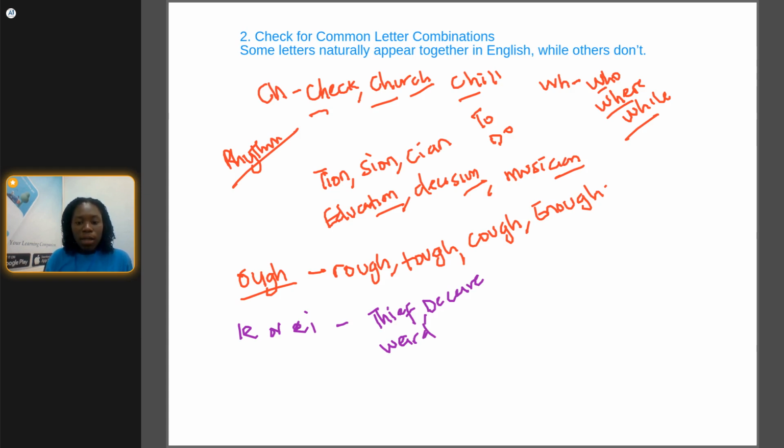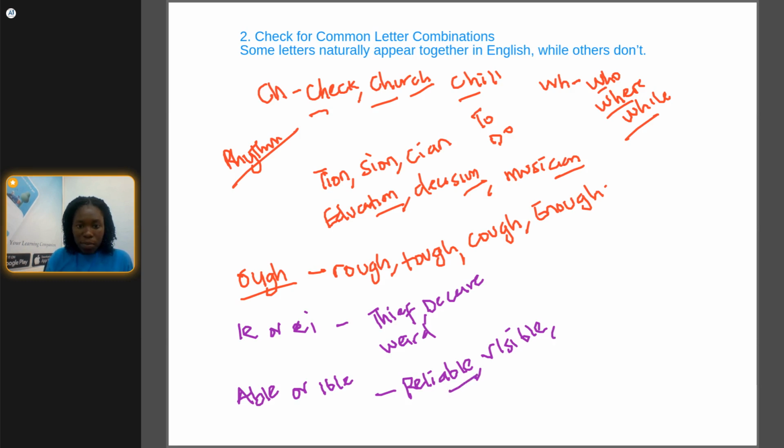Also, we find letter combinations like ABLE or IBLE. You find examples like reliable, visible, that's IBLE.